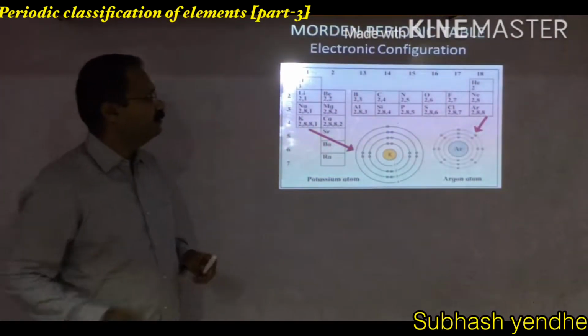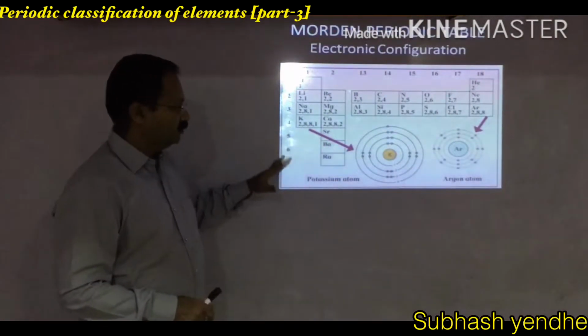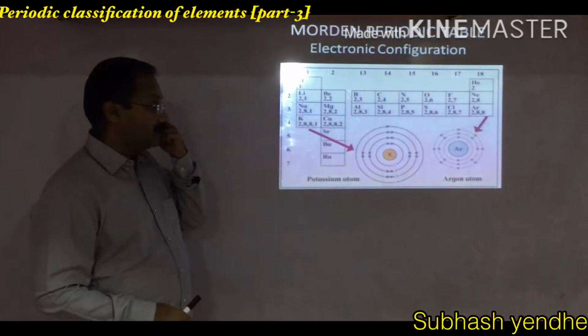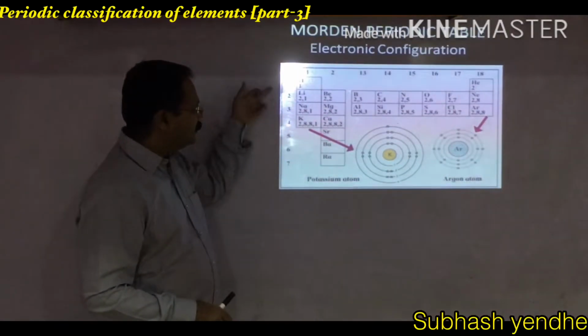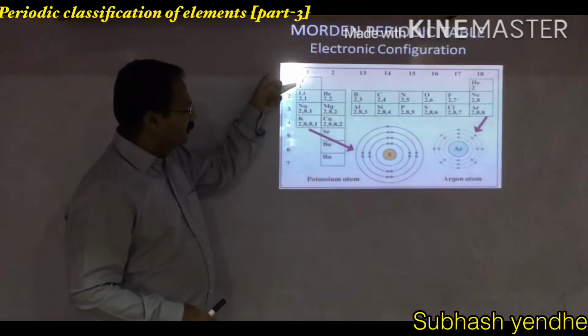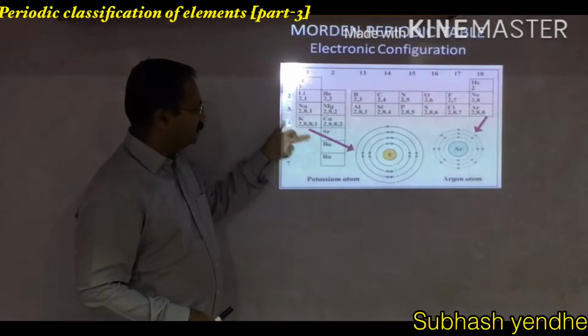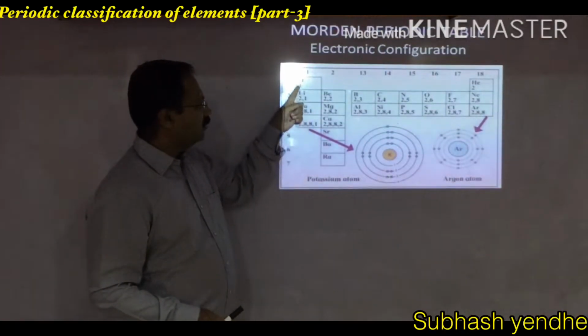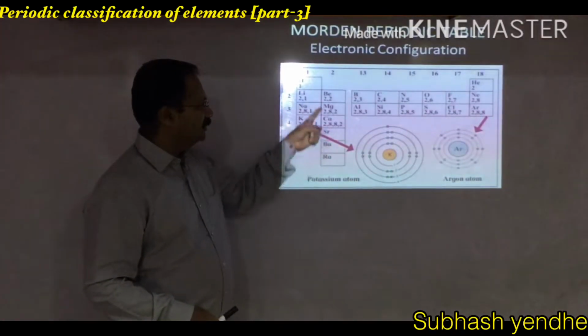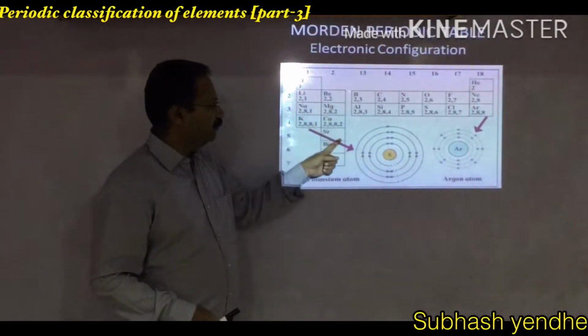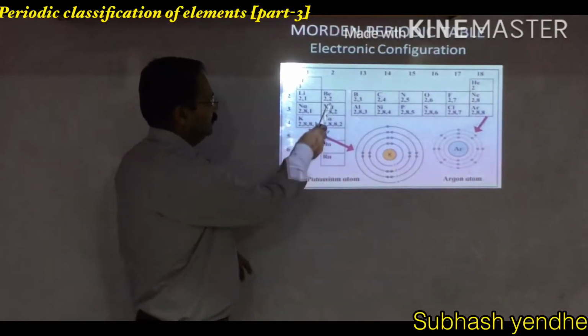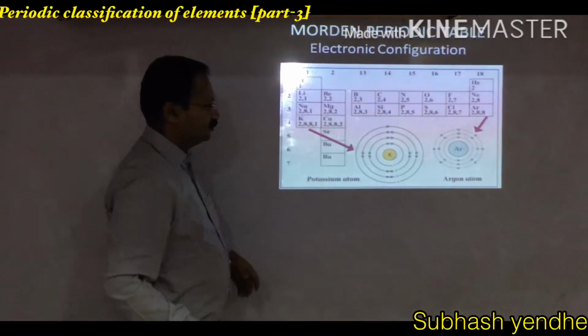Now see, in the modern periodic table, I have shown you the electronic configuration of some groups. In the first group, I told you, see hydrogen, lithium, sodium and potassium. If you observe this, all have one electron in the outermost shell. In the second group, all have 2 electrons in the outermost shell.